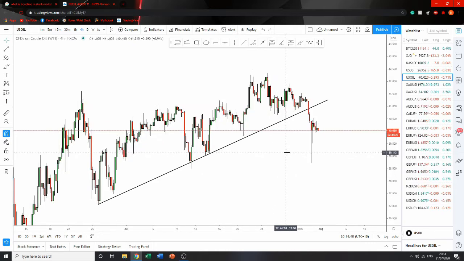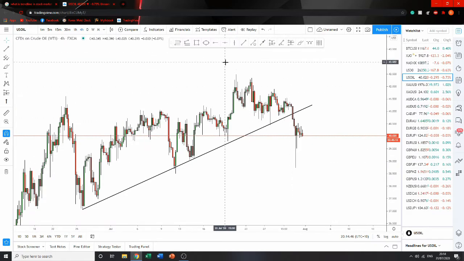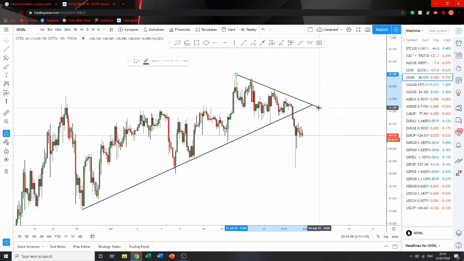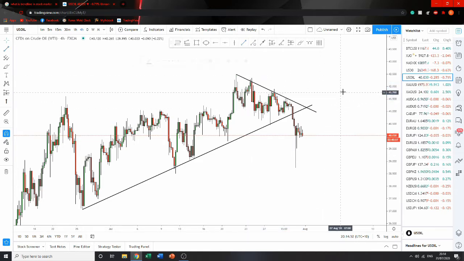So now what we could be seeing here is a bearish trend line. Again, another good example: I'm going to take my trend line and form a bearish trend, opposite to the bullish trend. Whereas we're looking for higher lows, on the flip side we're looking for lower highs.